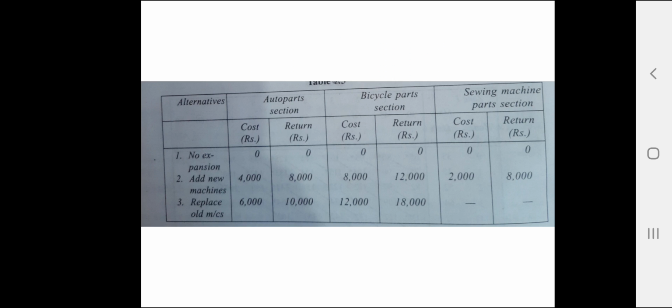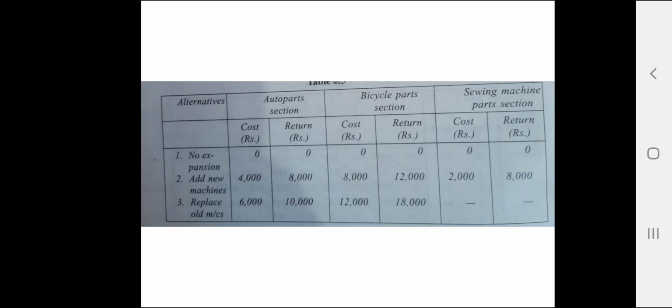One is no expansion. If there is no expansion, there is no cost and no return. The second is adding a new machine. In the case of the auto parts section, if you add a machine, it requires 4,000 rupees investment and the return will be 8,000 rupees. In bicycle parts, the new machine investment is 8,000 rupees and the return is 12,000.